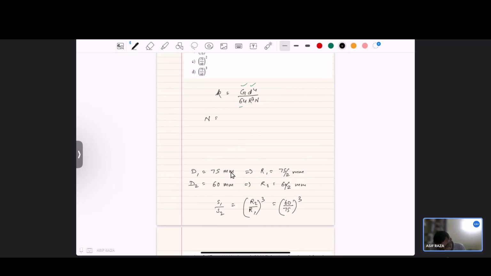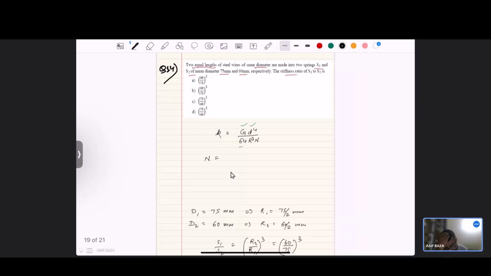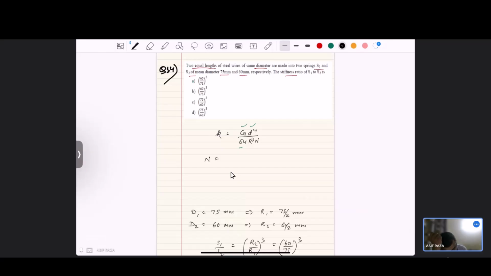Now, how can the number of turns be found? Length of the wire: 2 pi r times n would be equal to the length of the spring, right?